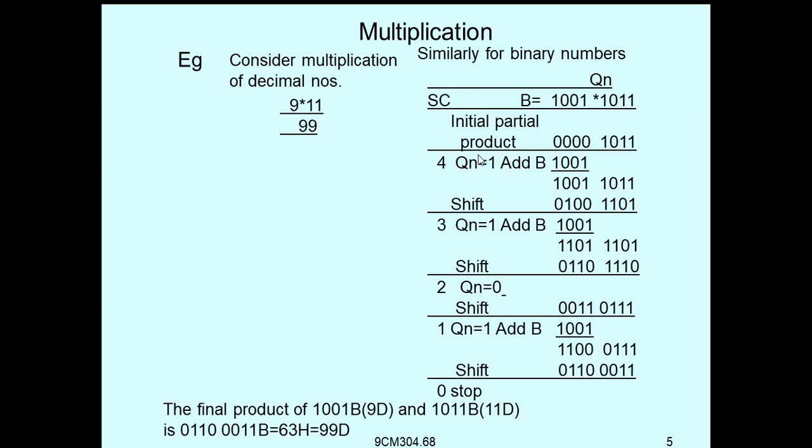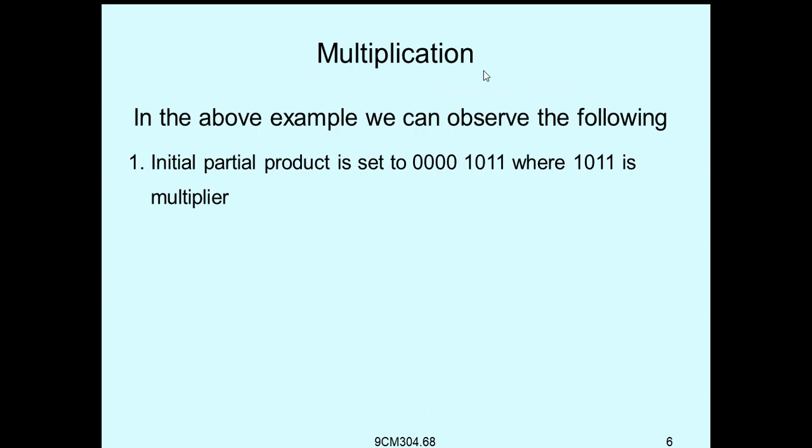The initial partial product is taken as 0000. Before performing any multiplication operation, nothing can be started, so the register is first set to 0000, and then Qn is set to 1011. Like this we have to set each and every one. In the next slide you can see it clearly.